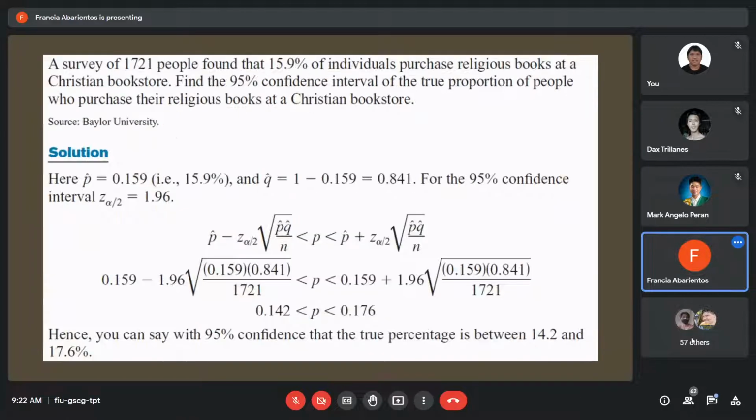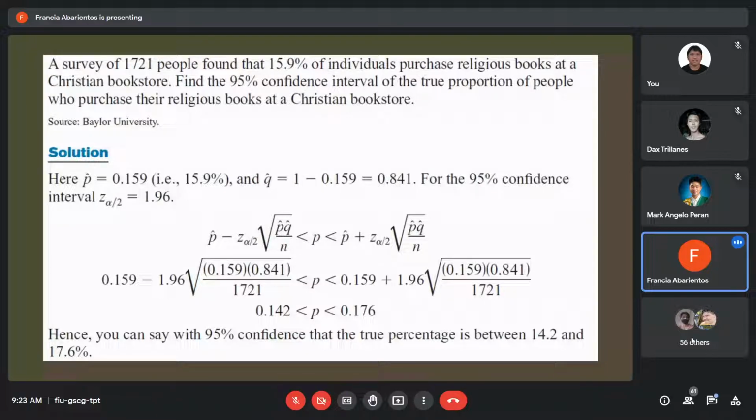Okay? So how do we compute for this one? So actually, substitution lang to class na point estimation in the confidence interval. Basta alam mo lang yung formula, sabi ko nga, or magpo-fall ba siya sa z-value or the t-test value.